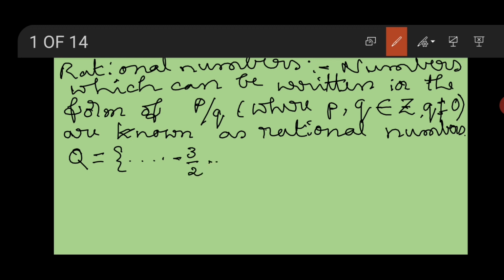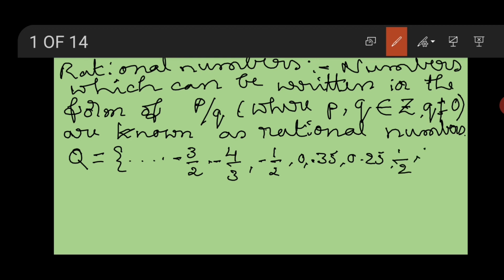We can write all numbers written in the form of P by Q. Say -3/2, 4/3, -1/2. We can take decimals also, 0.35, 0.25, like that, including 0 also.